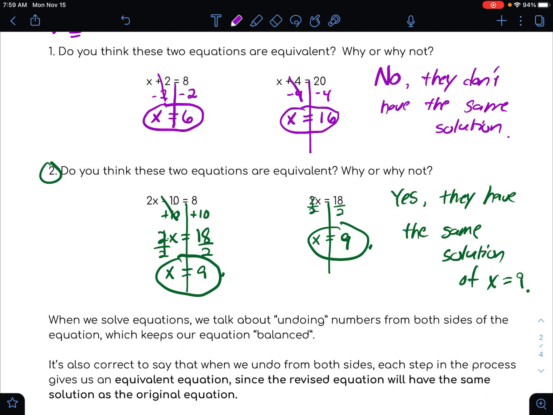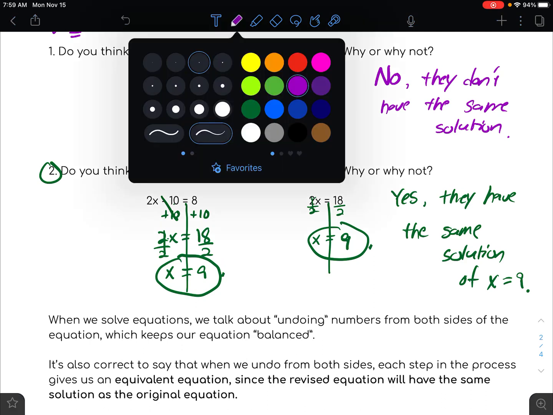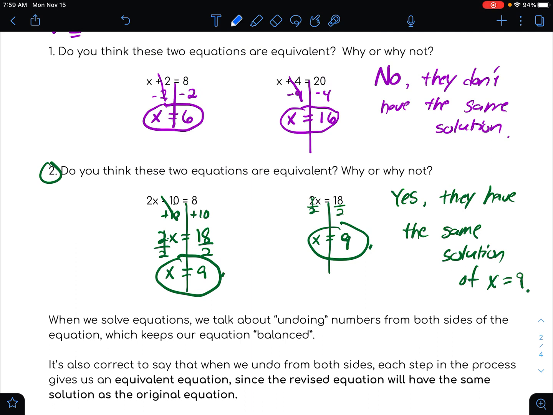Okay, and hopefully you also noticed that in the process here, when we were solving, we actually ended up with 2x equals 18, which is what we had over here. And that will often happen when you are seeing equivalent equations that might not start off looking the same.